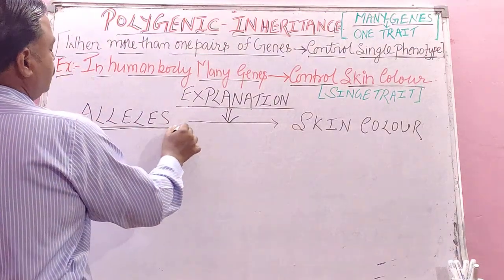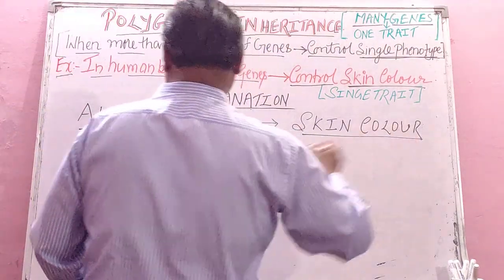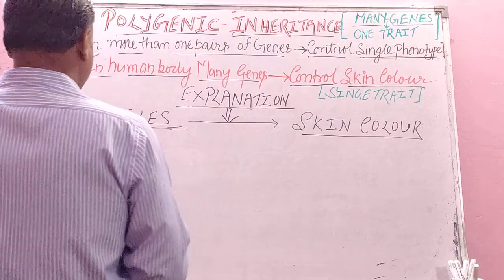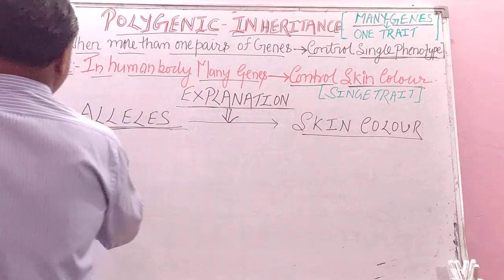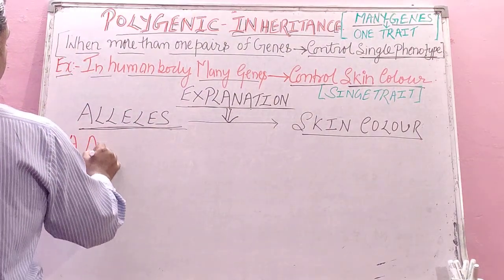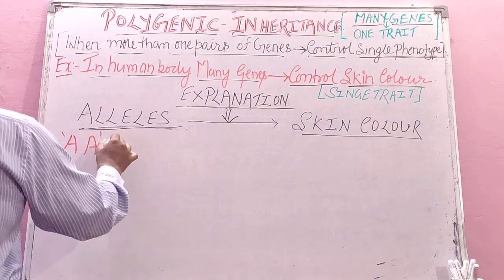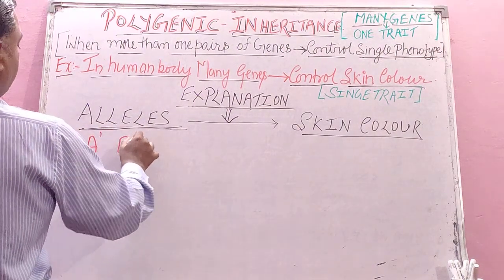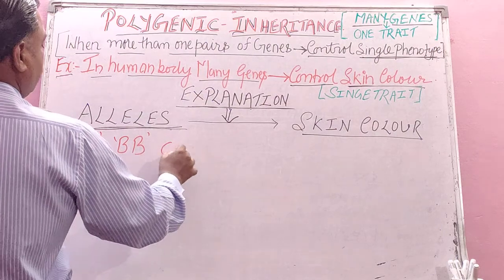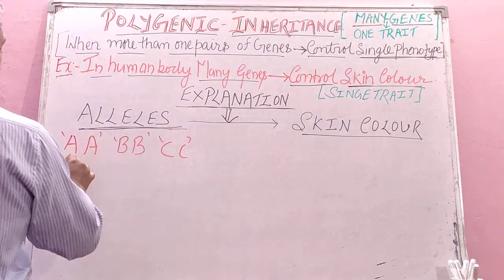Like these are the alleles and skin color. There are many alleles. This is capital AA, capital BB and capital CC, all dominant alleles.